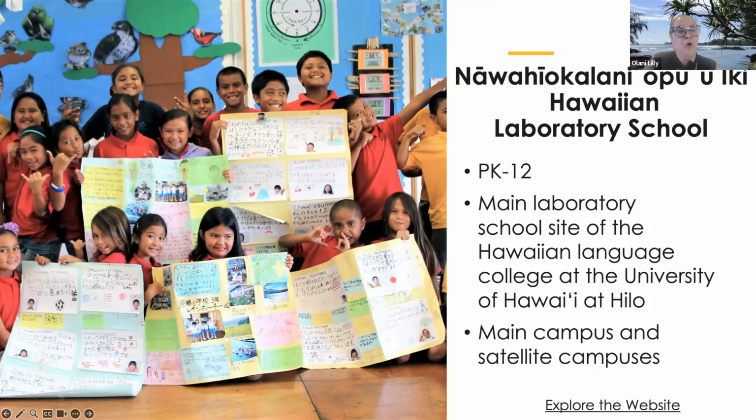But then for the idea of wanting to have control over the core part of their program, they created that laboratory school and also have a charter school associated with it. And so they do a really amazing job of taking advantage of all the different models and tools to best suit the needs of both the school as well as their students.